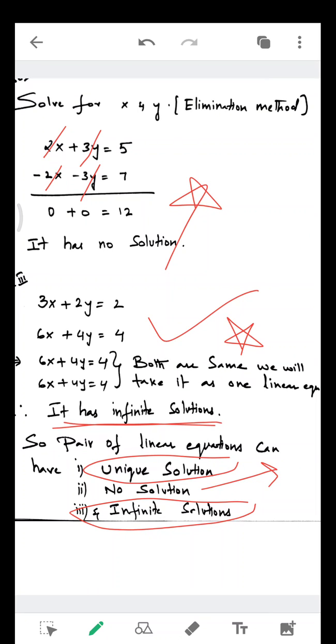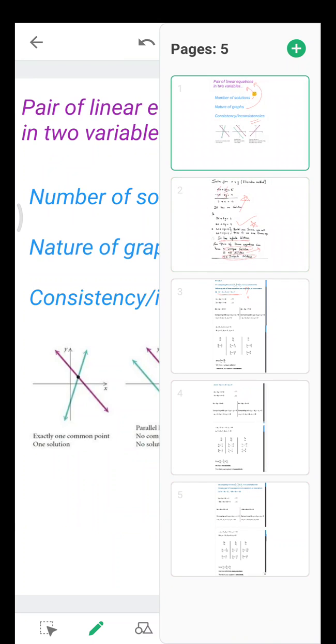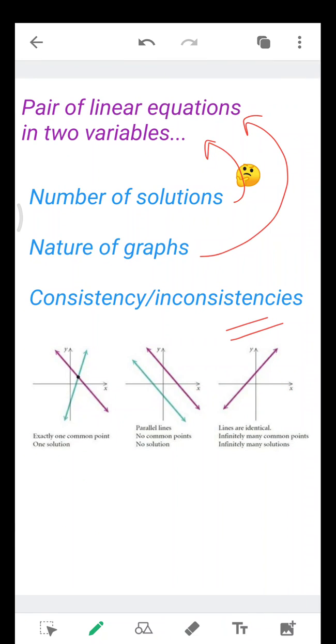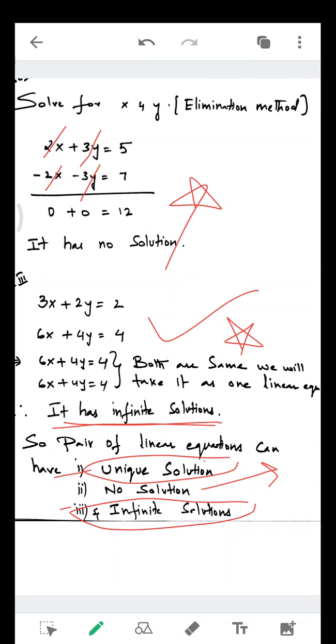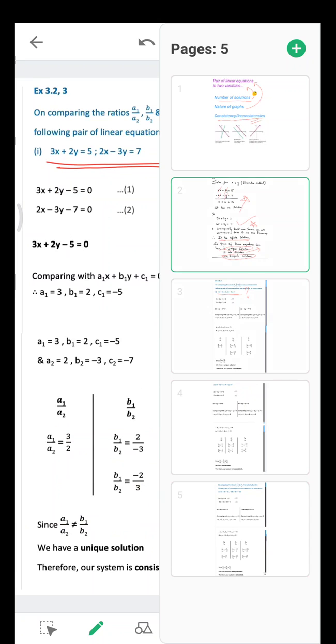Got everyone? So we have seen the number of solutions a pair of linear equations can have. It can have a unique solution, or no solution, or infinite solutions. Consistency is the first and the third; these two are consistent, and the second, that is no solution, is inconsistent because it cannot be simplified.